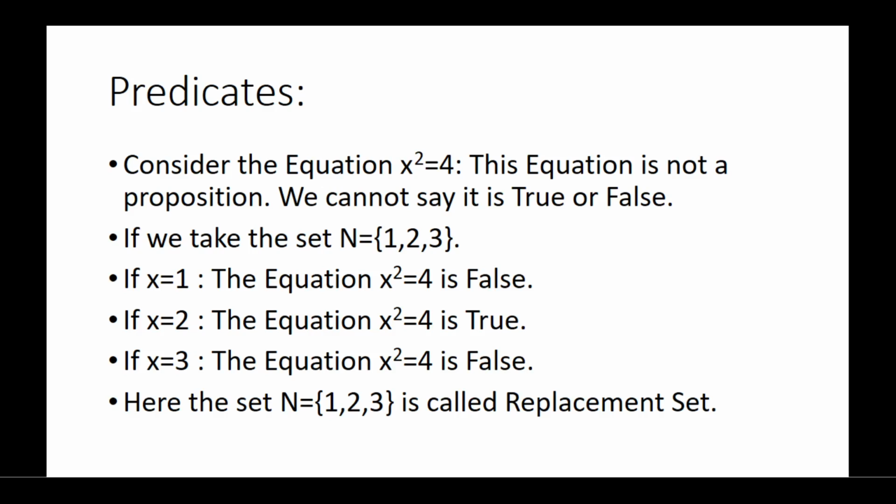A statement of the type x square equal to 4, involving one or more variables, here one variable, is called a predicate. The statements of the form x square equal to 4, where x is a variable, is called a predicate. The set in which the variable can take values is called a replacement set.